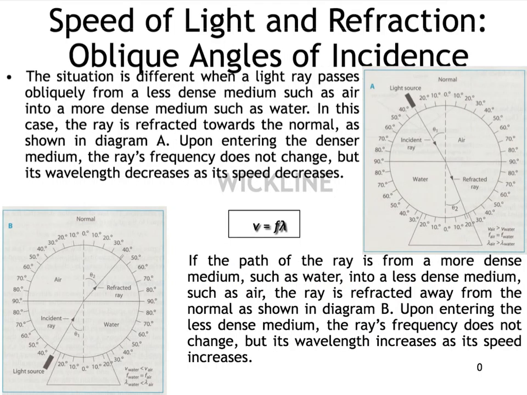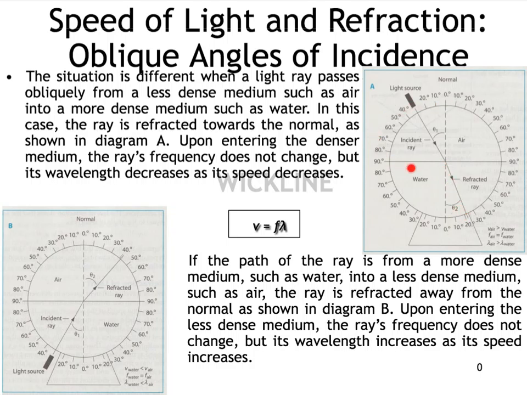All right, let's also talk about oblique angles of incidence, that is, angles that are not zero. So while this is really one process, I will split it into two ideas to begin this conversation. But let's say that we're passing from a less dense medium, such as air, to a more dense medium, such as water.